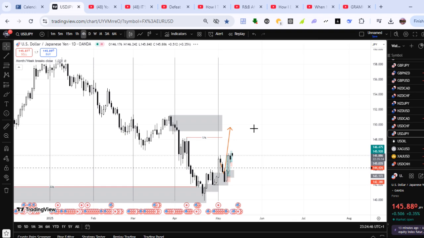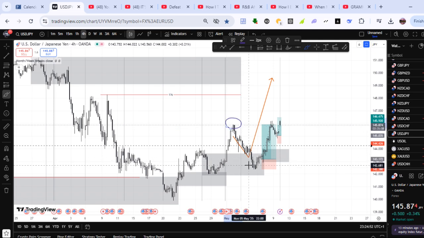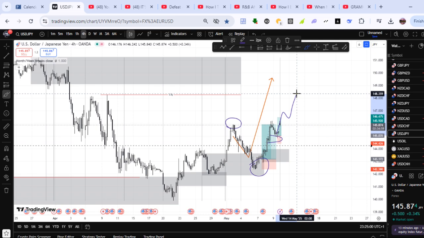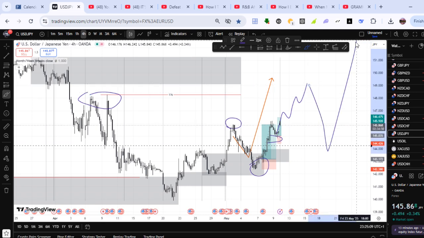You could see this on the 4 hours time frame, and we're expecting a higher high. So this is a demand, of course, so price should do this. I'm expecting a push to this, so this is liquidity. That's what I'm looking out for before we could see a deeper retracement.